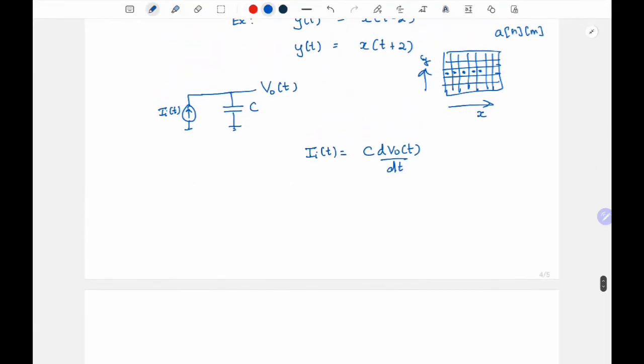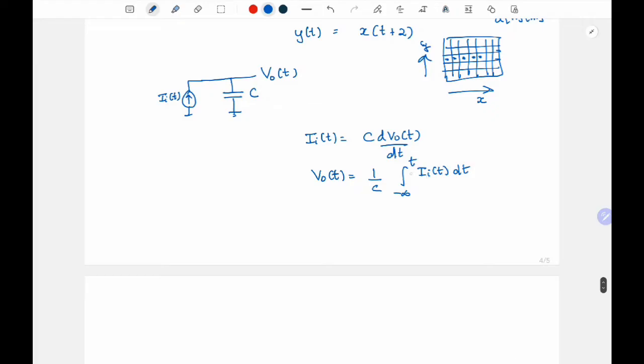I need to integrate. So v_o of t is nothing but 1 by C integral from minus infinity to t, right? Because it is at the instant t, of i_i of t dt. So you can see it depends from minus infinity to that point t on all the values of i_i of t, not just at that particular instant. So it is a system with memory.